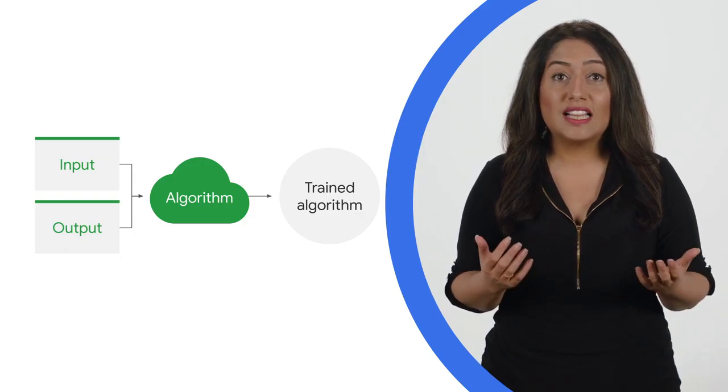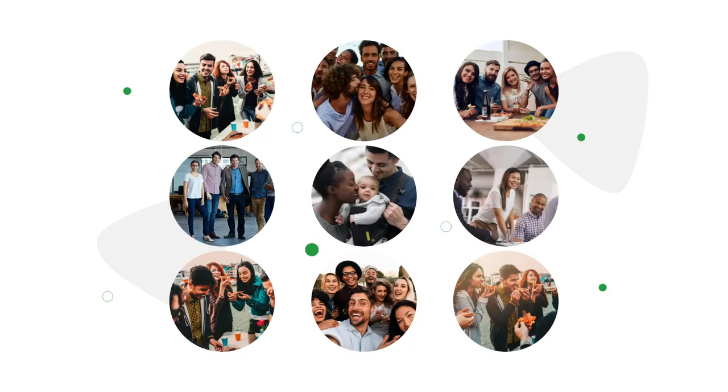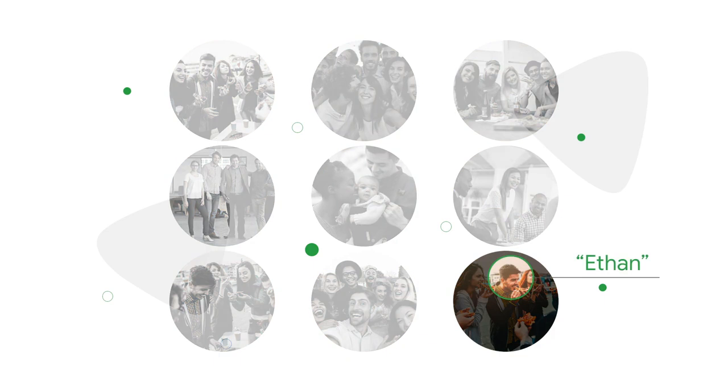It is therefore self-learning. For instance, in an image recognition application, such as Google Photos, you can provide your photos, the input, and the correct identifier of the friend or family member in the photo, so the output.